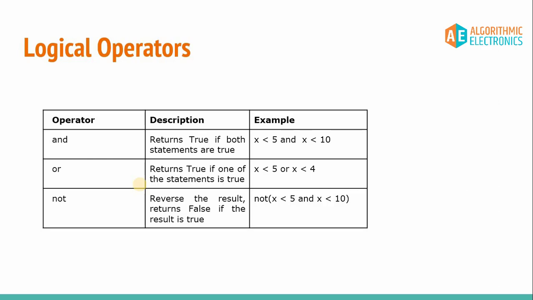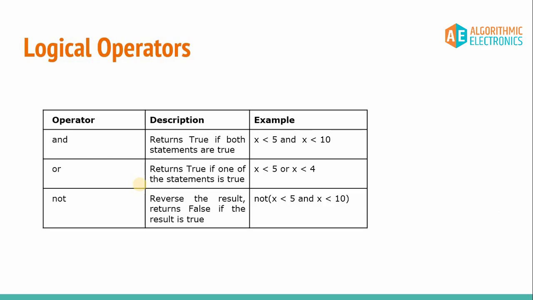Again, the result of these operators will be true or false because they are logical operators. Only arithmetic operators generate results as integer, floating point, or even complex numbers, but relational or comparison operators and logical operators generate results in terms of true and false.